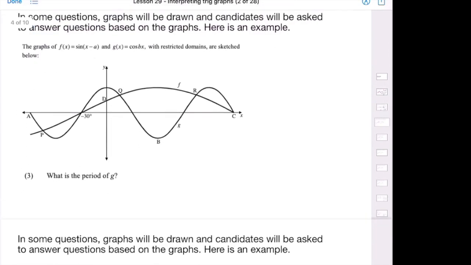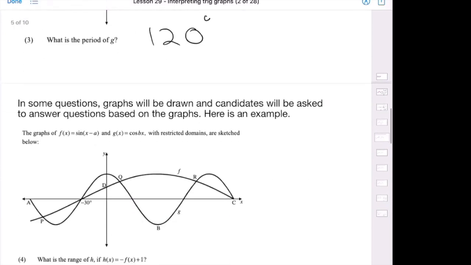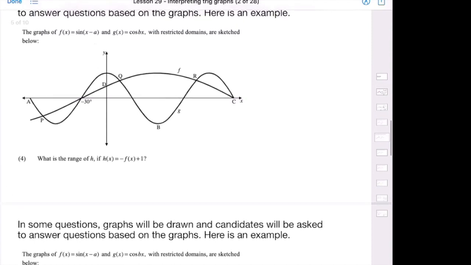This one here says find the period of g. I think we worked that one earlier on. And then we want to look for the range of the function h, given that that function h is equal to negative f of x plus 1. You can rewrite that.